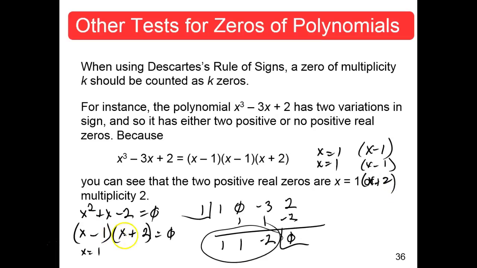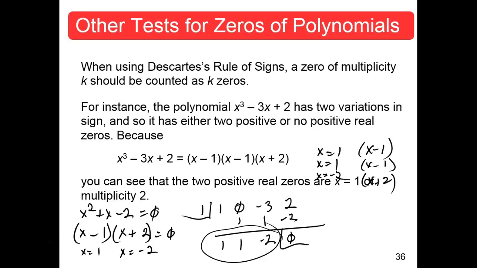That gives you as a zero x equal negative 2. And guess what? Our Descartes' rule of signs said we'd have one negative zero. We got it. We got 2 positive zeros, 1 and 1. So sure enough, we found all the zeros, x equal negative 2, 2 positive zeros, 1 negative zero, and we found there are 3 factors at the same time.